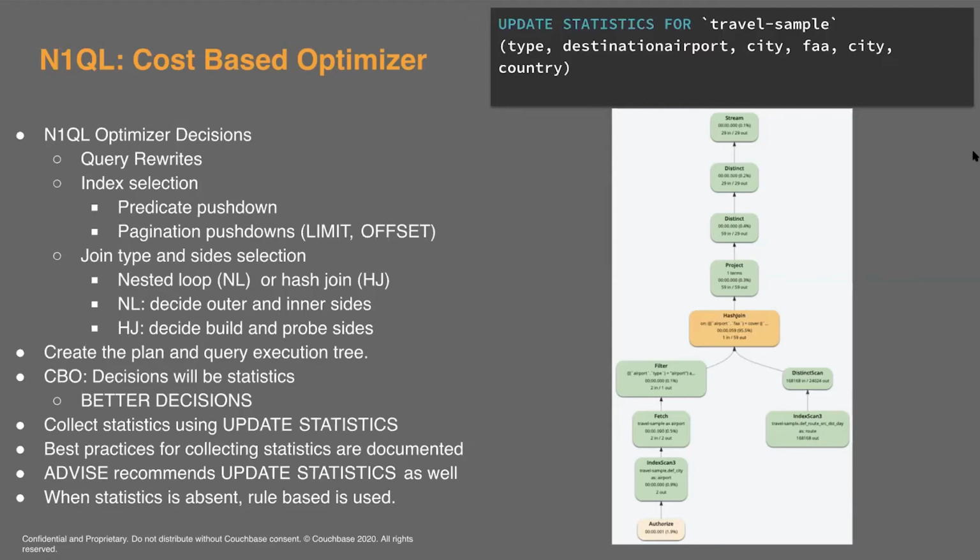And that's what the optimizer does. It considers the cost of each and comes up with the overall query plan with a minimal amount of cost, which translates well to a minimum amount of time and resources used by the query to execute and give you the results.